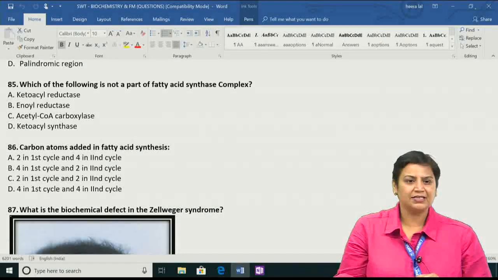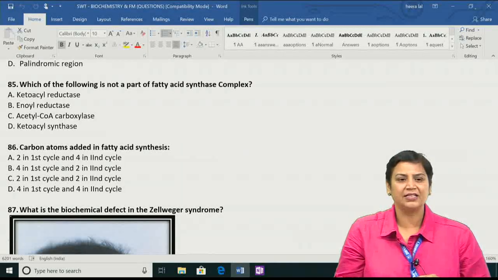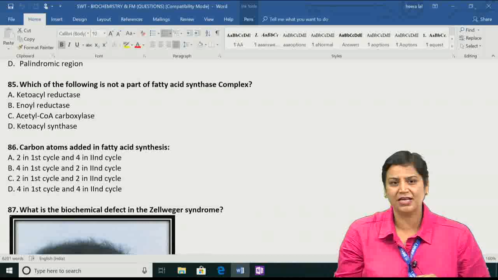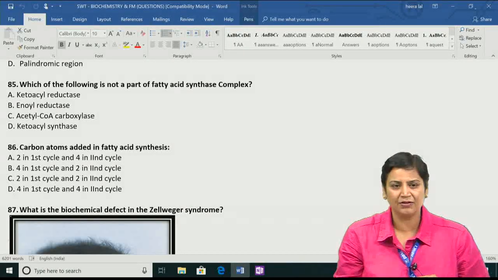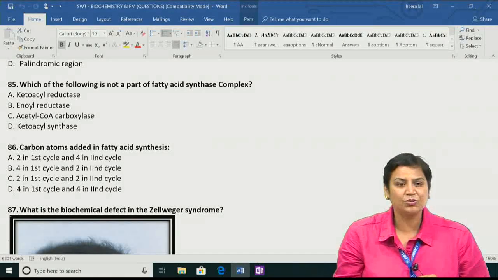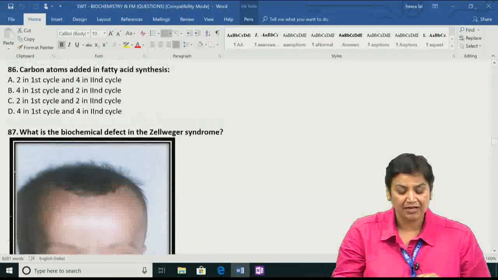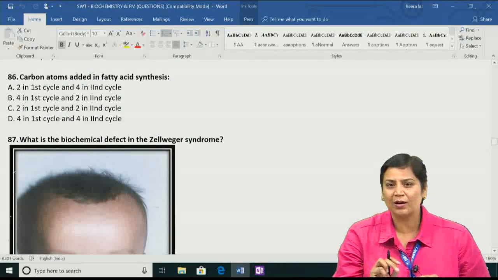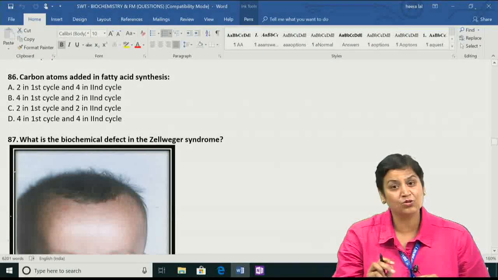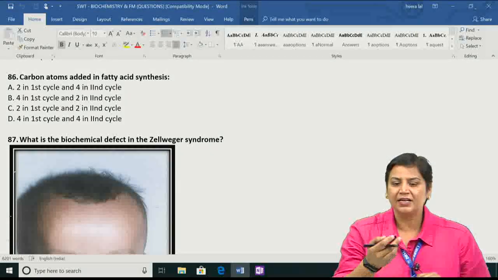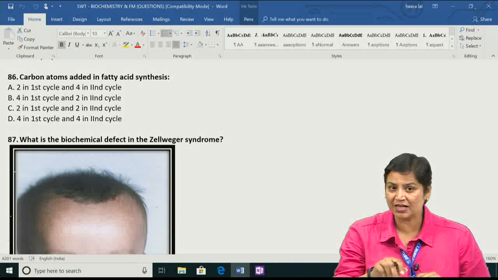Then question number 86, carbon atoms added in fatty acid synthesis. Now this is again the same as what we discussed in the previous question. Acetyl coenzyme A has 2 carbon atoms, malonyl CoA has 2 carbon atoms. There is degradation of this, carboxylation is occurring.